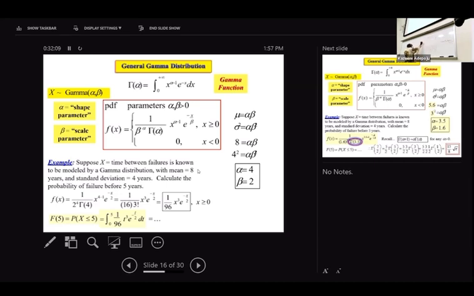To find the probability of x less than 5, it is going to be the integral from 0 to 5. You plug in your alpha and beta, which is 4 and 2: 2 to the power 4 over gamma 4, x to the power 4 minus 1, exponential of minus 2x, dx. If you want to do it manually, this is what you're going to do.